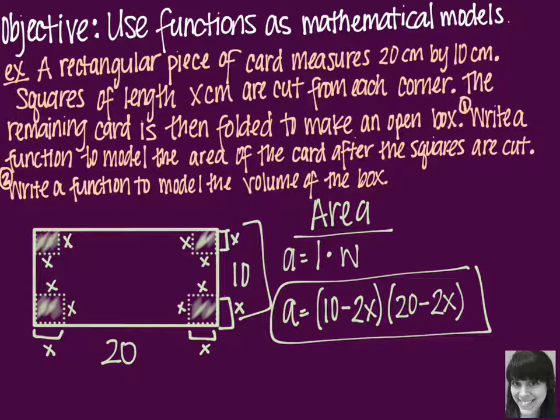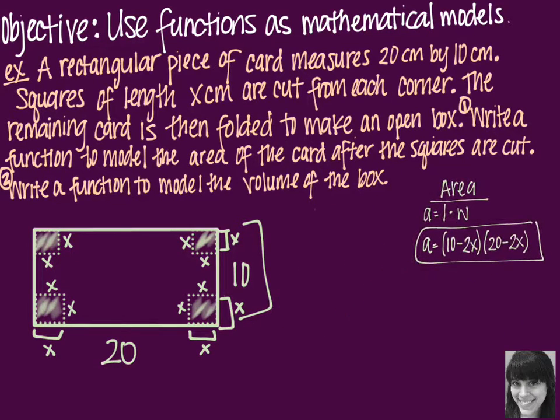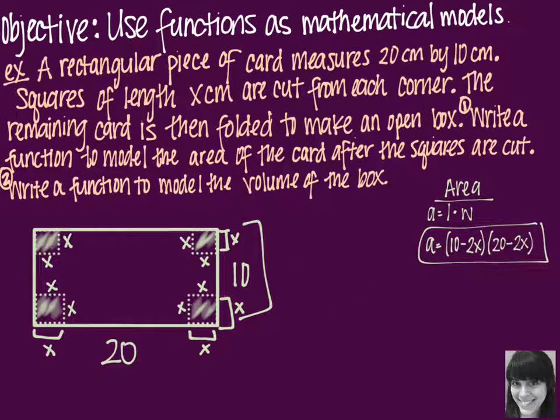Okay, now volume. I won't erase it. I'm just going to make it a little smaller. Okay, so let's talk about the volume. The volume of a box is length times width times height.